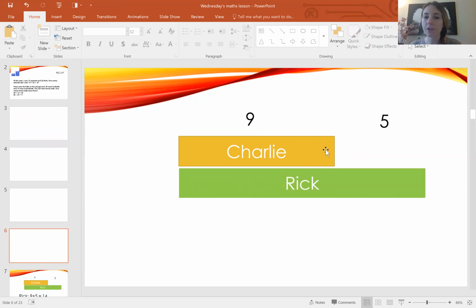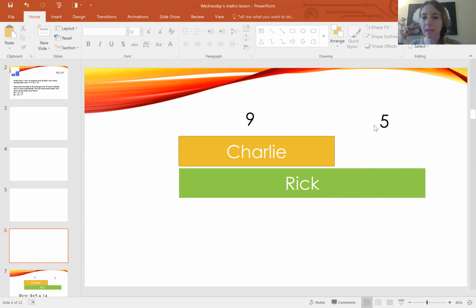I know that Charlie read 5 fewer than Rick. So I've made Rick's bar longer because I know that Rick has read more books than Charlie, because Charlie has read 5 fewer, which means 5 less than Rick.